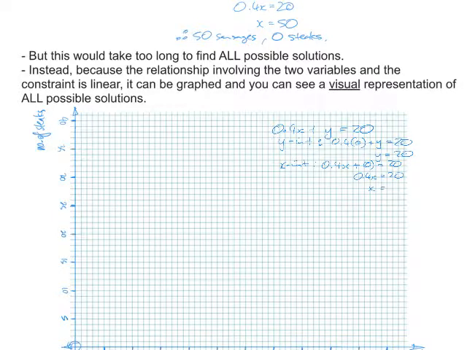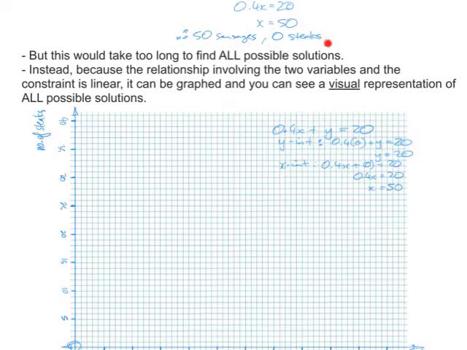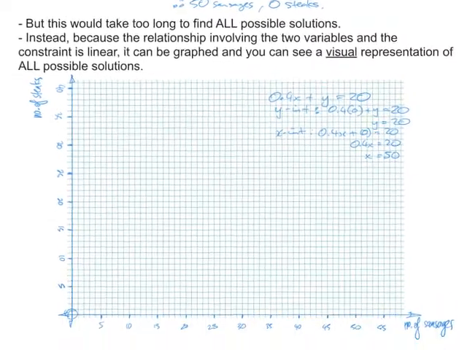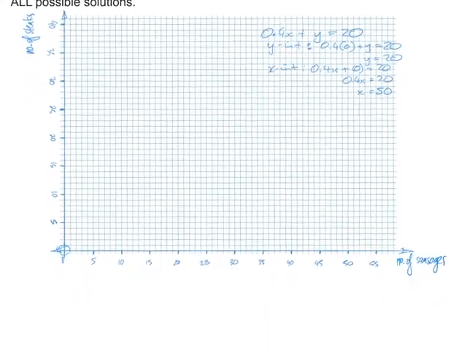Get rid of the 0.4 by dividing by 0.4 both sides: x is equal to 50. You'll notice these extremities are actually those intercepts, the extremities that we mentioned there. They're possible solutions. These are the extreme possible solutions, which are the x and y intercepts.